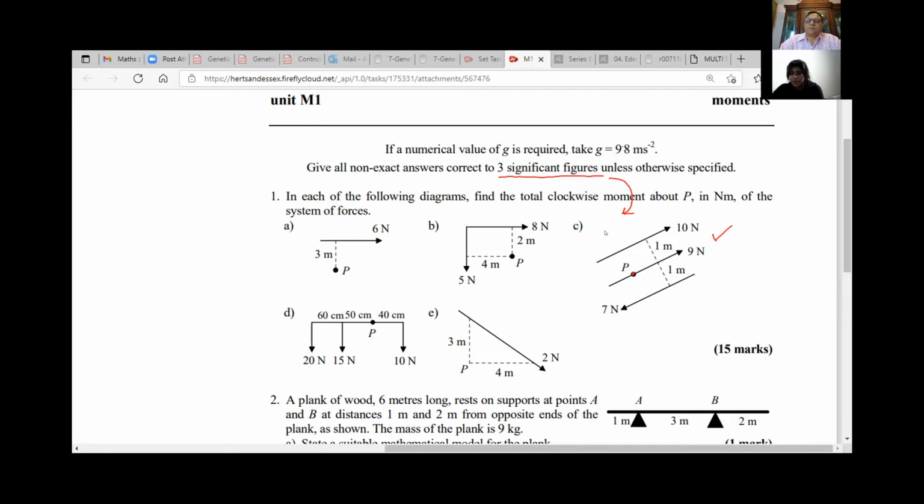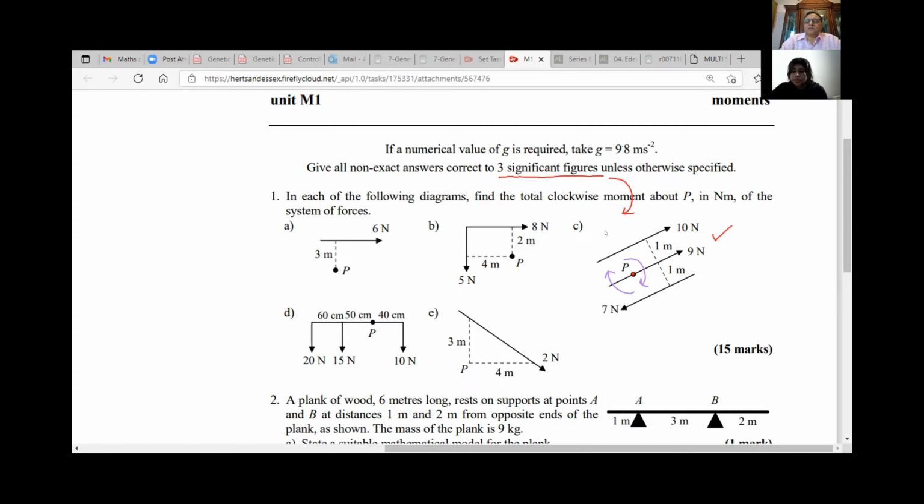To be honest with you, we were just trying to find the clockwise moment. So both the 10 Newton one and the 7 Newtons are in the clockwise motion in terms of P. This will give you clockwise, that will also give you clockwise, right? So we'll add them up. And the 9 will give me 0 because the distance is 0, right?